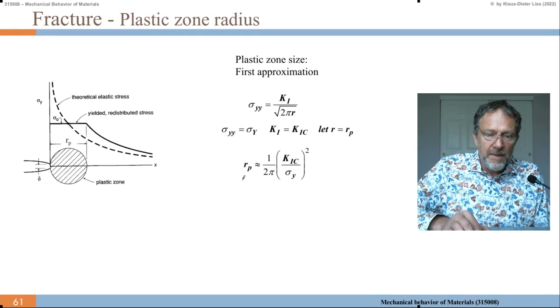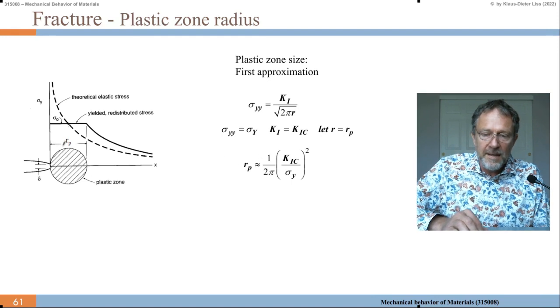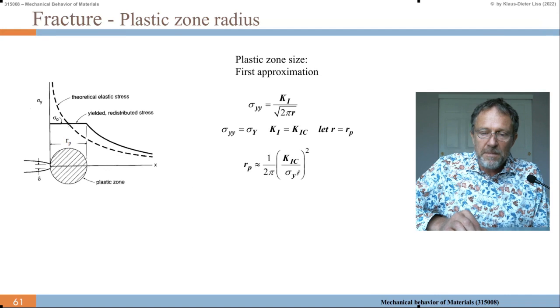Then Rp, the plastic zone, which is shown here, becomes approximately 1 over 2 pi times (K1c over sigma yield) squared. So this will be the size of the yielded, redistributed stress.